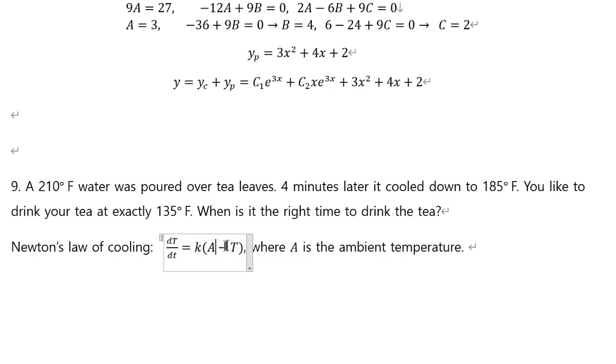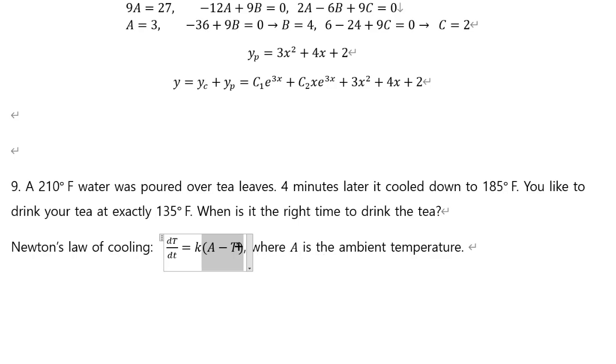So put it this way, if your object is hotter than the ambient temperature, this A minus T will be negative, so that K times something will be negative, making this T to drop because the rate of change is negative, okay? Which agrees with our intuition of how T cools, right?